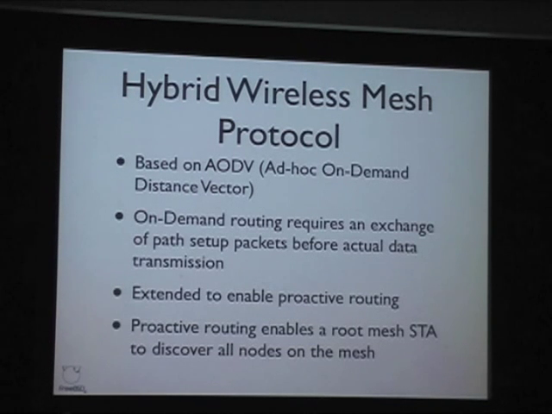For instance, if there are many hops, the on-demand routing requires a couple of seconds, but if the new node is nearby a root mesh station, it will just take half a second.